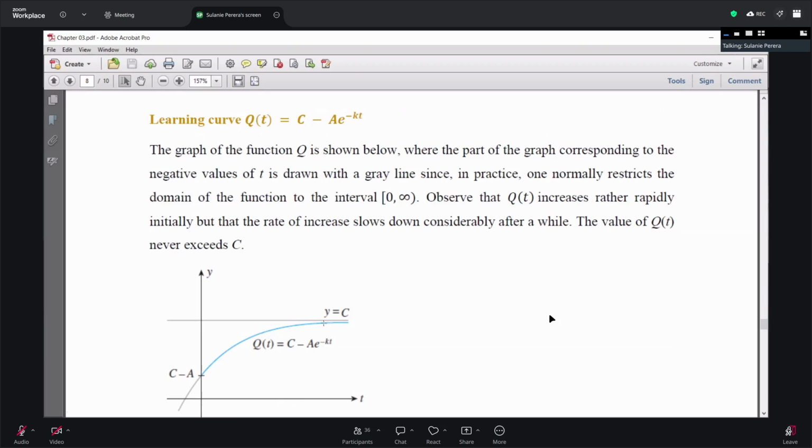C is the upper bound. It never reaches beyond C. C is the cap. So Q(t) is C minus a e to the power minus kt. If you plug in t equals 0, the initial value will be C minus a.